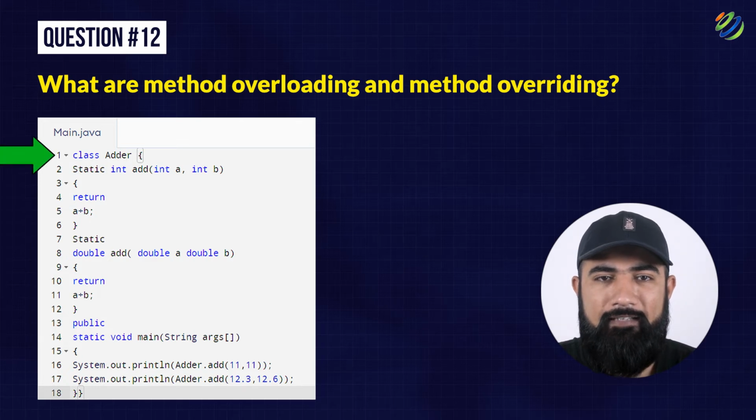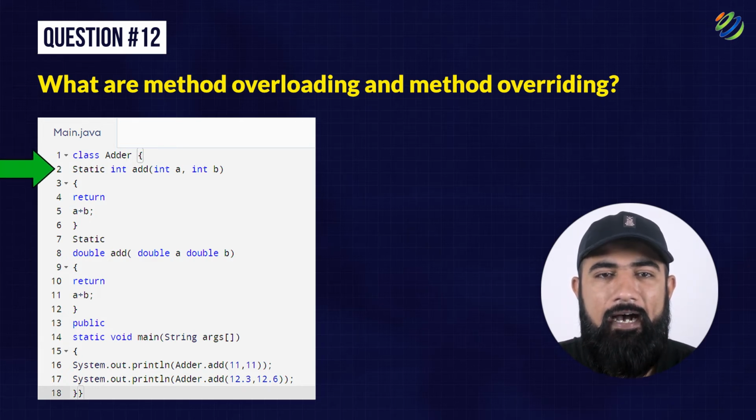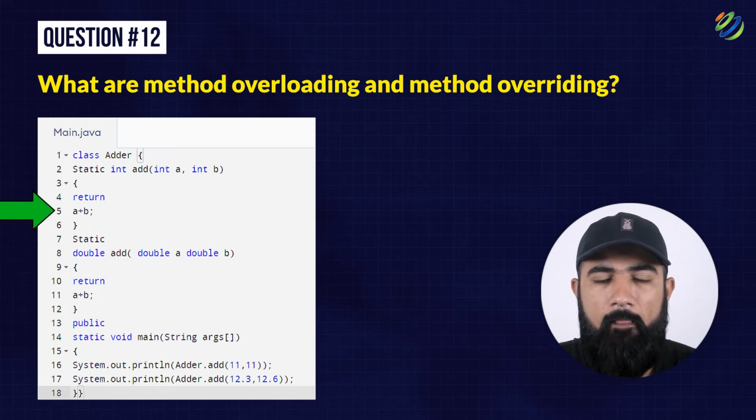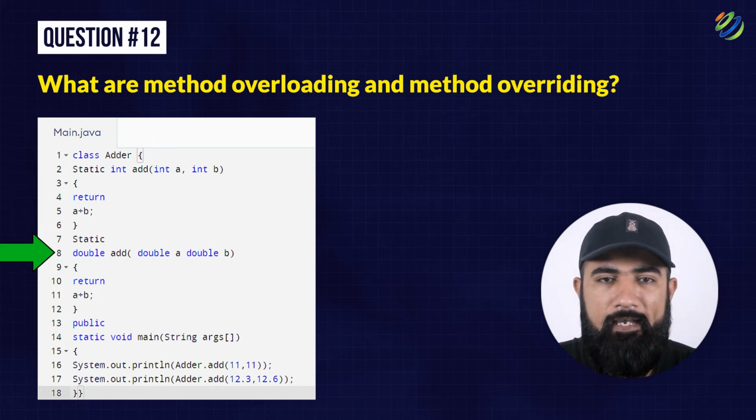Here I have a class, Adder, and in that I have a method, static int add, with variables int a, int b, and I am returning a plus b. Then I have another method with the same name, but now with a different data type.